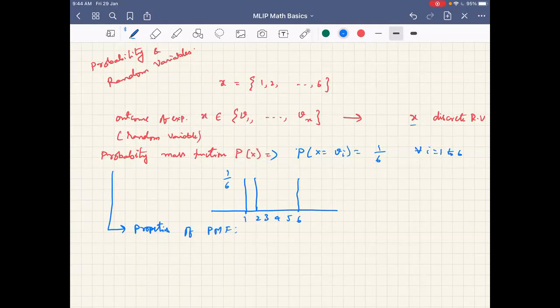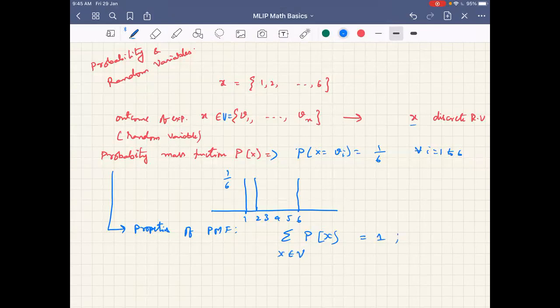The summation of P of X over all possible values of X, for a discrete random variable, is equal to 1.